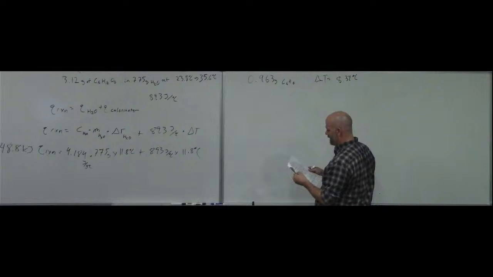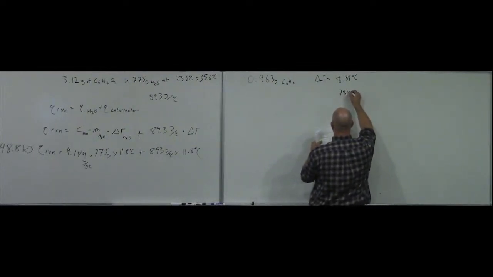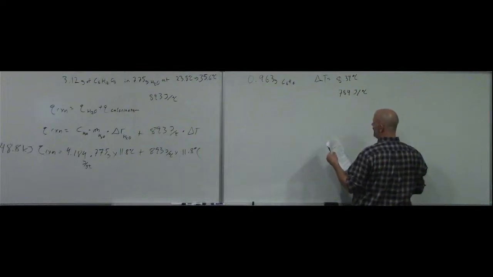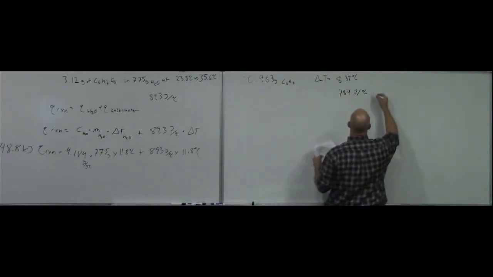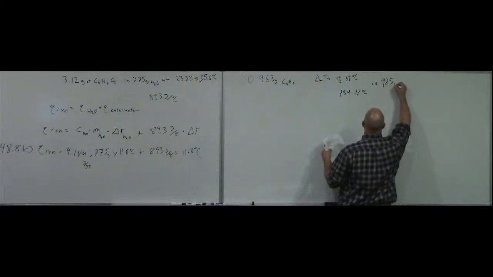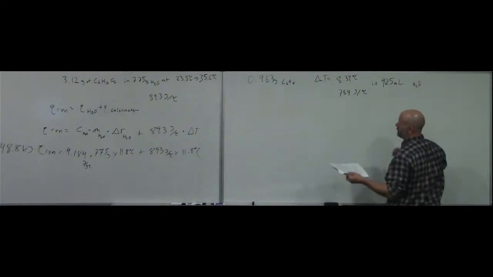The bomb has a heat capacity of 784 joules per degree centigrade and is submerged in 925 milliliters of water. Wow. How much heat was produced by the combustion, right?